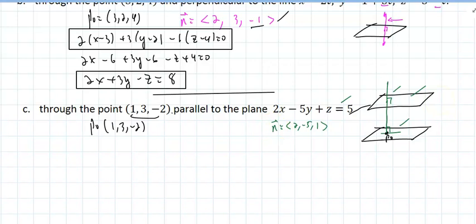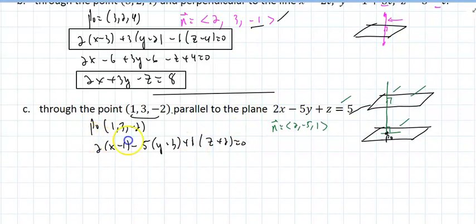So I could use that as my n and say, well, 2 into x minus 1, minus 5 into y minus 3, plus 1 into z plus 2 equals 0.